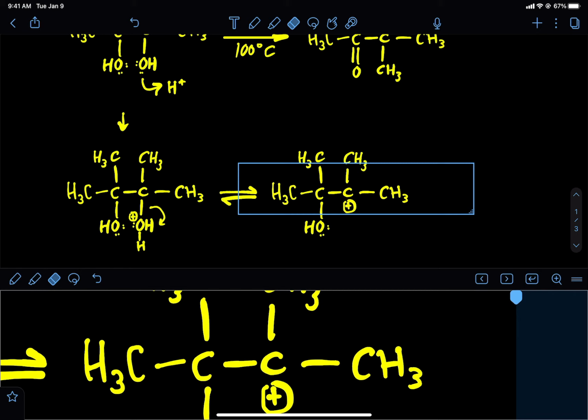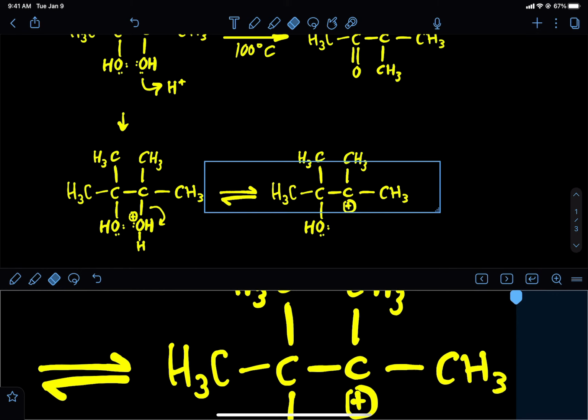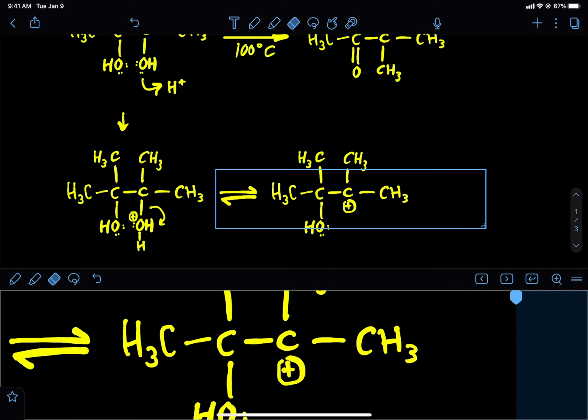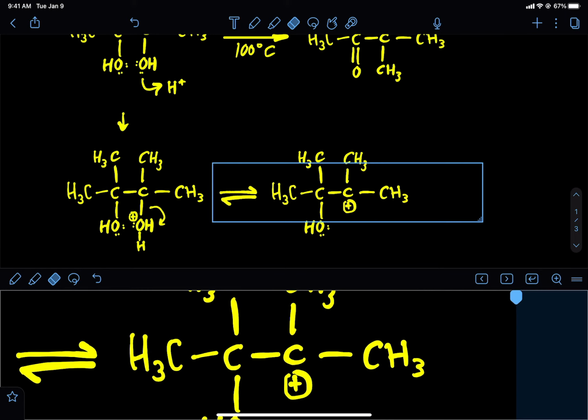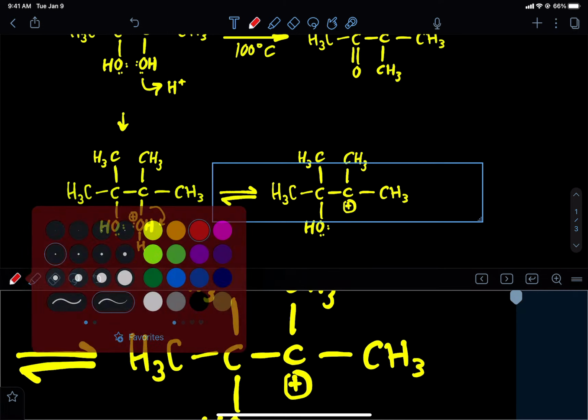So what I'm going to do, we'll take this methyl in the top left. It could be the methyl, remember, on the far left. It doesn't matter which it is. They're identical. So let's just take this methyl group and move it. I'm using a different color here just to make it a little more clear.